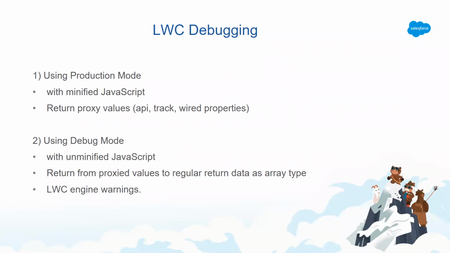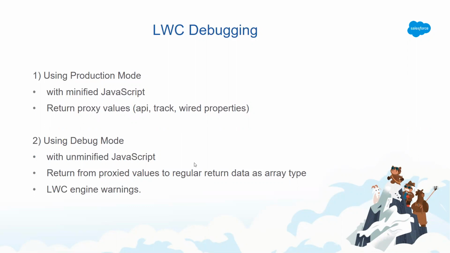If you enable the debug mode from Lightning setup, it will come with unminified JavaScript, and it returns regular data in array format instead of proxied values. Additionally, we can get real-time LWC engine warnings, so we can easily identify if there is any framework error when using the debug mode.